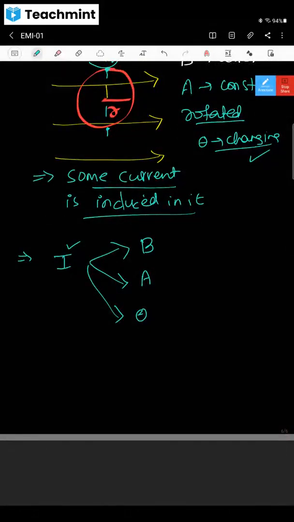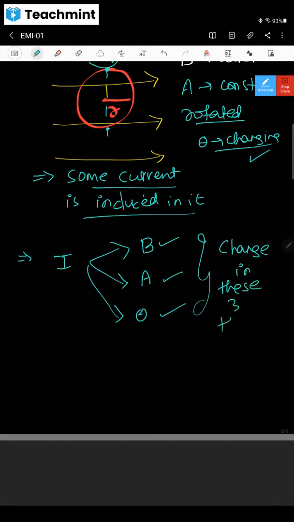What I'm trying to say is, whatever this current is, it is coming because of change in these three things, dear children. Correct or not? Change in these three things is causing a current to come. Now, what are these three things? If I write B A cos theta, don't you think it is magnetic flux only?